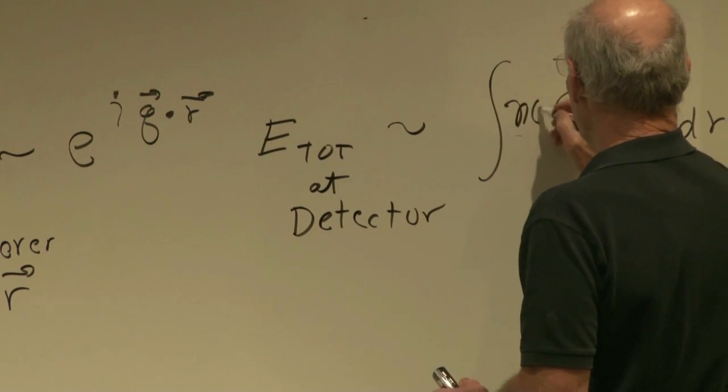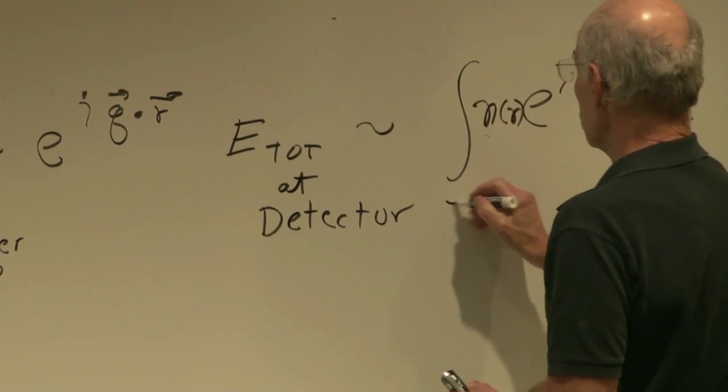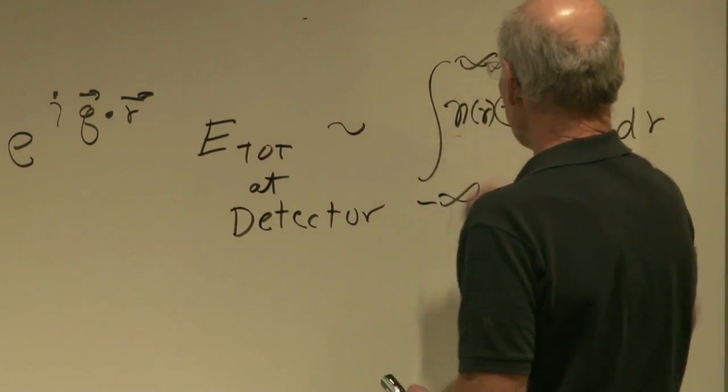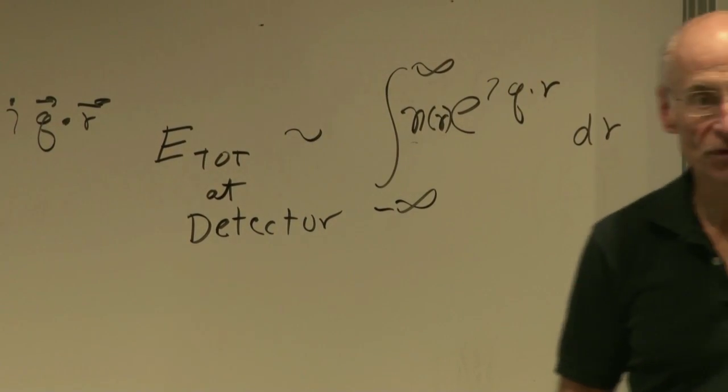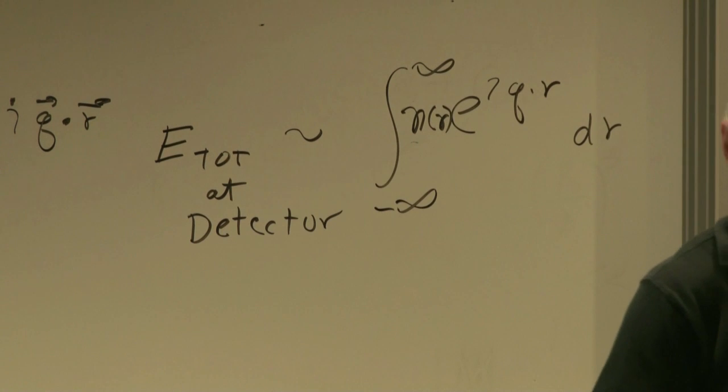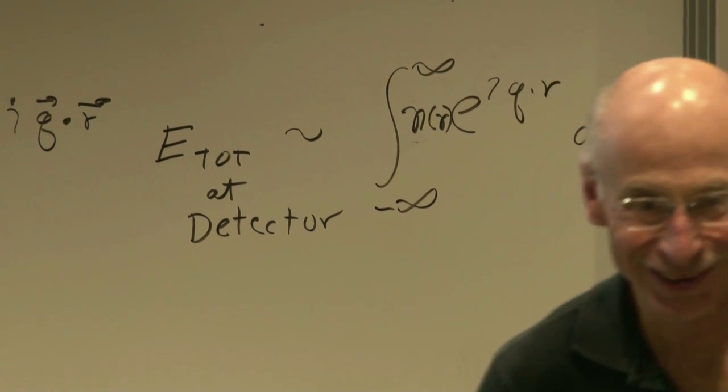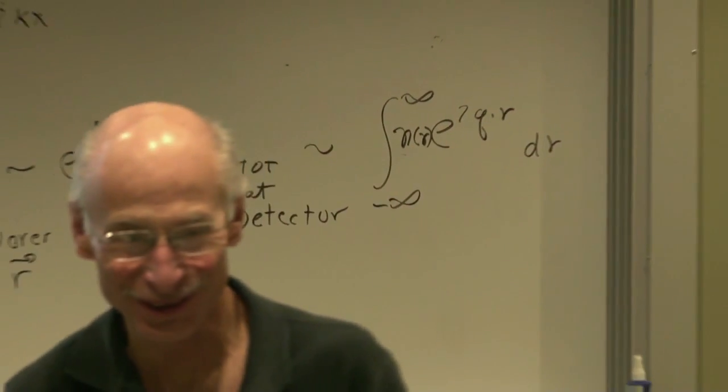Or just put in the density function of the particle and integrate all over space, and this will tell you where the particle is. And there it is. It's a Fourier transform. So don't blame me. Blame Mother Nature.